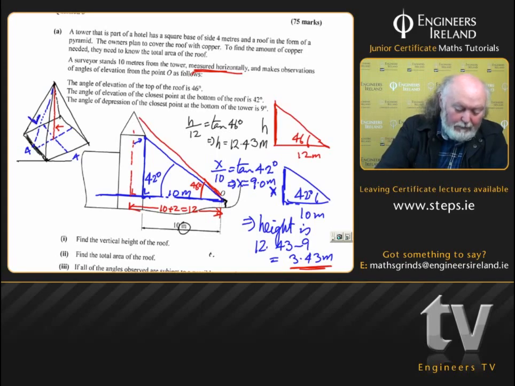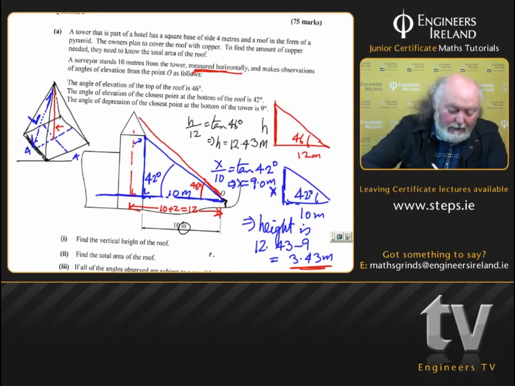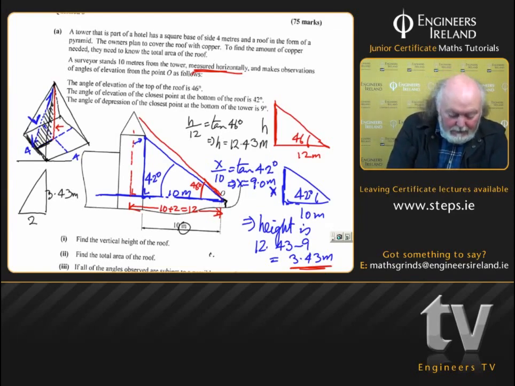We'll just call it L for the moment. What length is it from the peak to there? Well, you should be able to see that we have a triangle formed now. And let's draw it on its own down here to keep our life easy. 3.43 meters in height. Each of these little base, half the length of the base things, they're 2 meters. So now we'll be able to work out what L is.